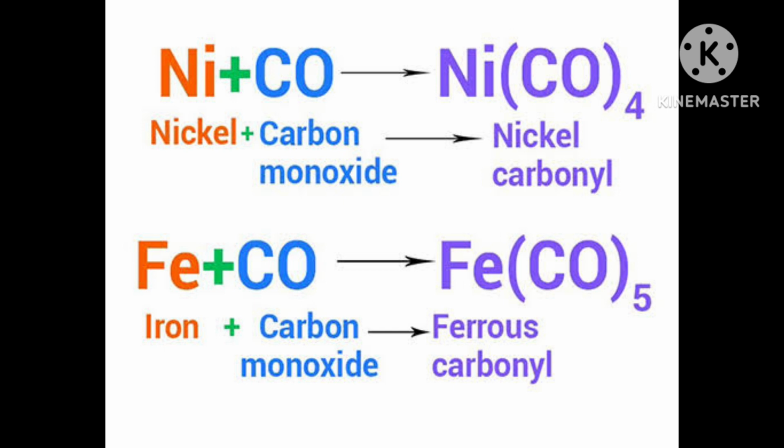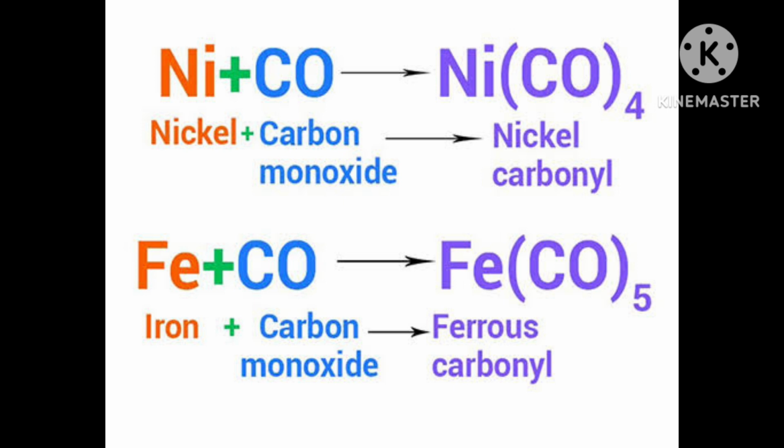Silicones are a group of organosilicon polymers whose formula is R2SiO. R2 means maybe an alkyl group. This is the repeating unit. In a polymer, you know there will be repetition of the unit. Here the repeating unit is R2SiO.